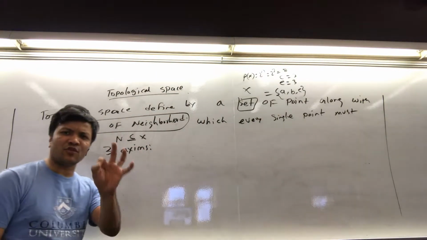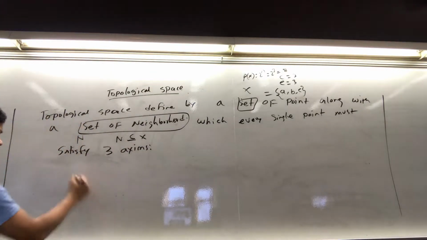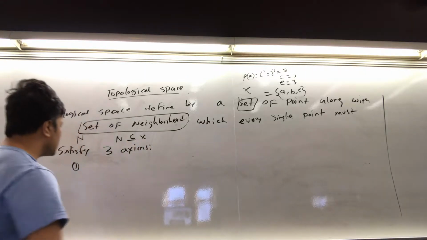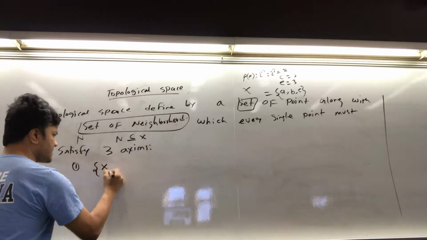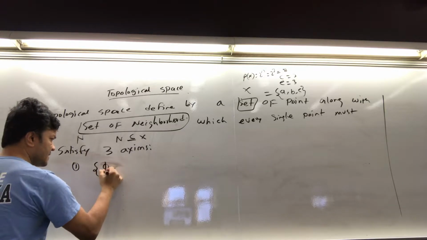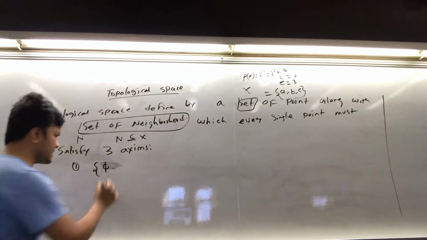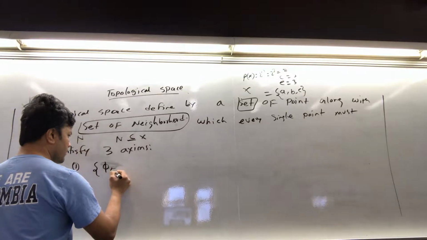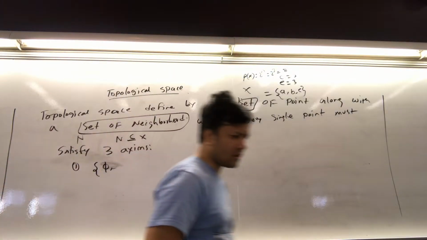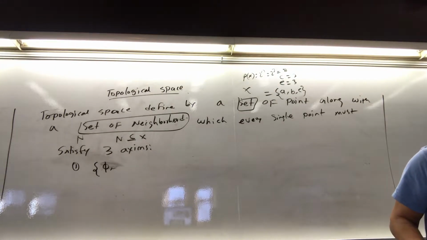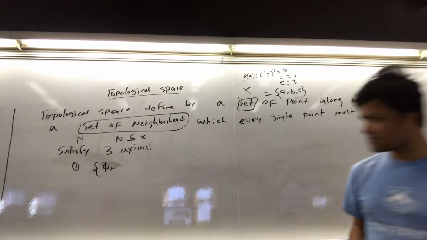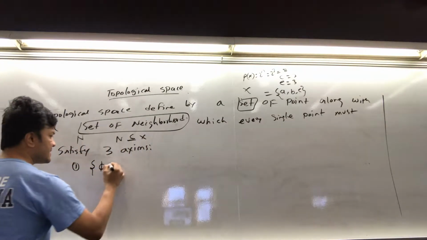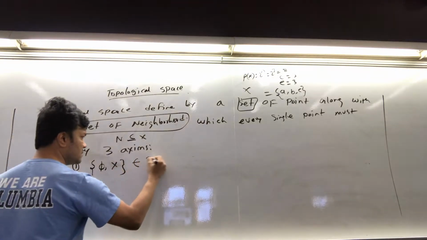But before that, let me give you the three axioms. Axiom number one is pretty simple. Axiom number one says the empty set and X must be in tau.